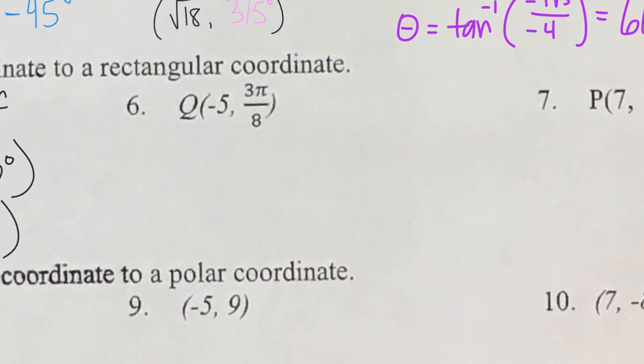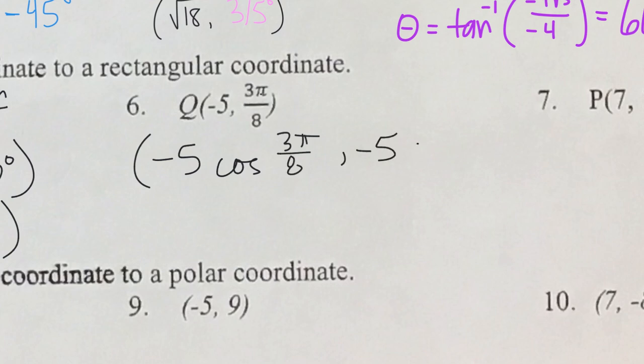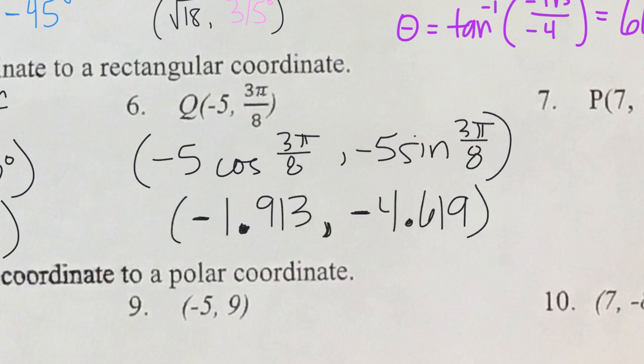Okay, number 6, -5 and 3 pi over 8. So we have -5 times the cosine of 3 pi over 8, and we have -5 times the sine of 3 pi over 8. Okay, so if you're already in radian mode, then your calculator can take this straight away. And here are your decimals for this one, right?